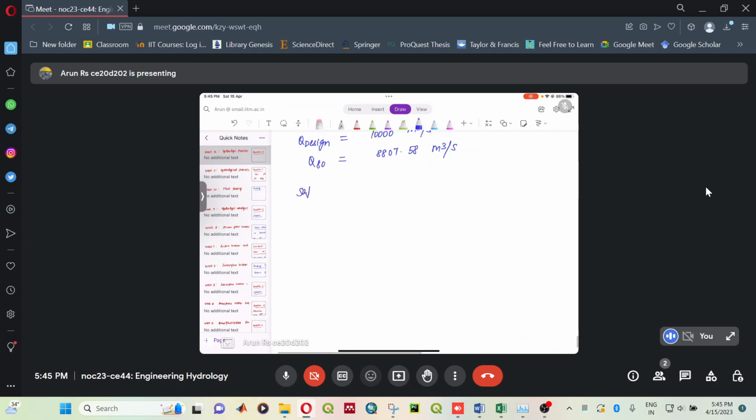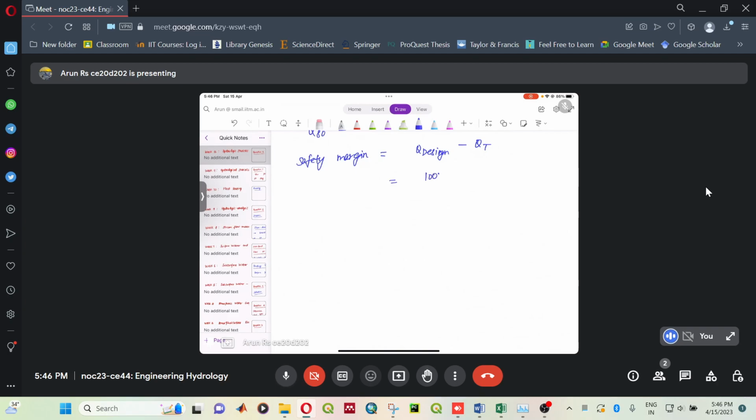Now, safety margin is Q design minus Q for a particular return period that is provided.